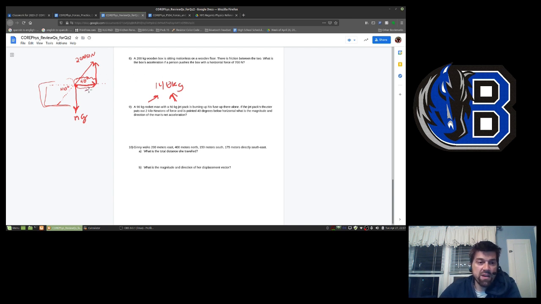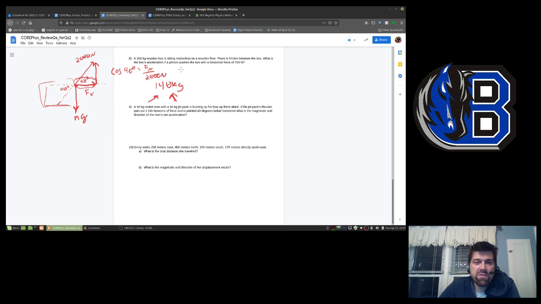Let's start with the force of thrust in the x direction, which is an adjacent, so I'll use cosine, right? Cosine of 40 is my adjacent side over my hypotenuse.